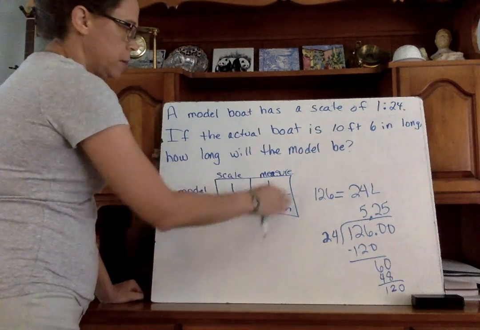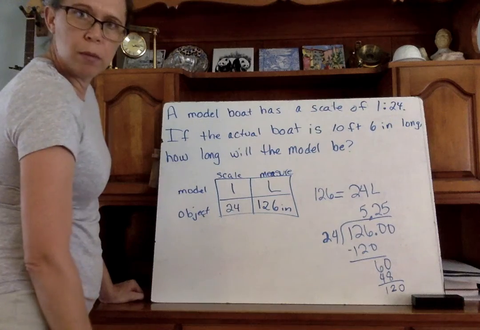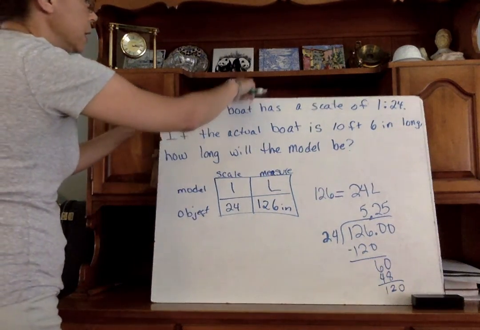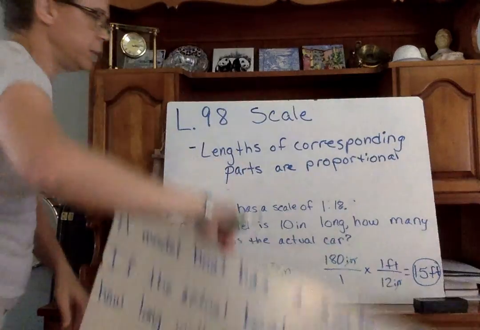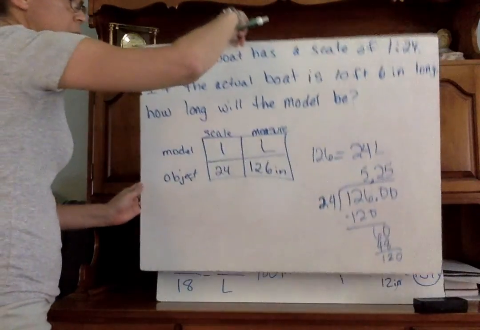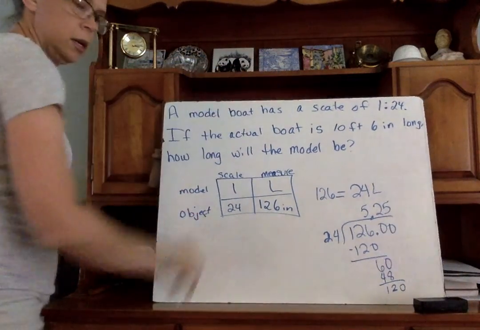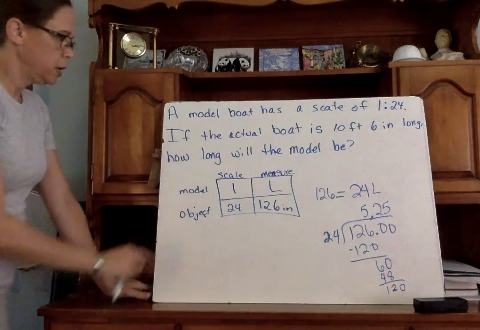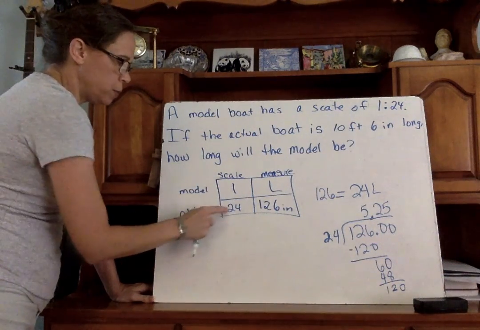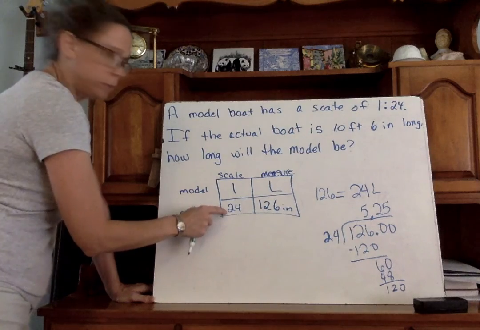So I just created my ratio box that helps me build proportions. This ends up building the same thing. Okay, here we did a proportion, right? Here, I just used a ratio box to build my proportion. So in my ratio box, model, 1 inch on the model represents 24 inches on the real object, okay?